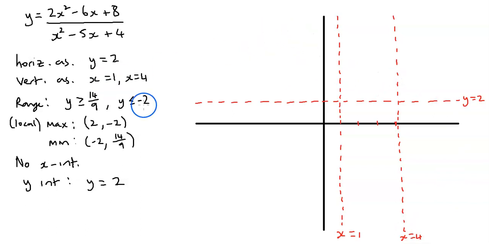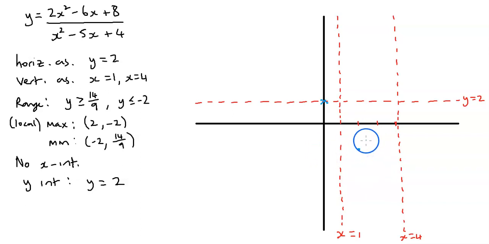All right. And now what else do we know? We know that there's no x-intercepts, and we know that we have a y-intercept when y is equal to 2. So we're going through this point here. And we know that we have a local maximum when x is equal to 2 and y is equal to negative 2. So it's going to be that point there.